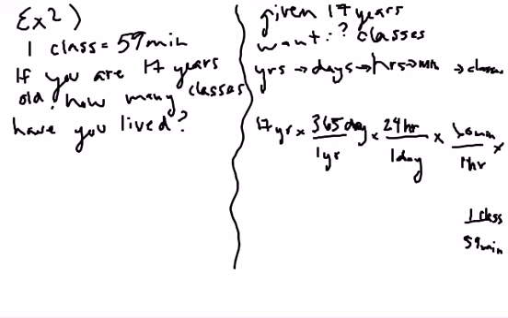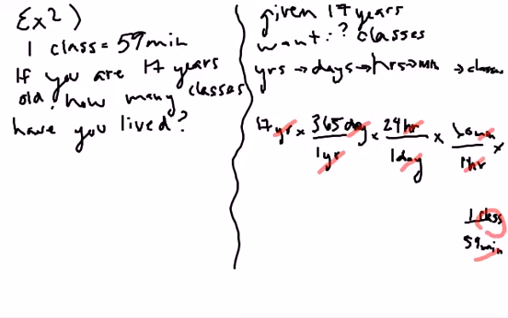And again, you're going to multiply all of this out. So if you want to see the unit canceling, we've got year cancels, day cancels, hour cancels, minute cancels, and we are left with our 1 winner, which would be class.